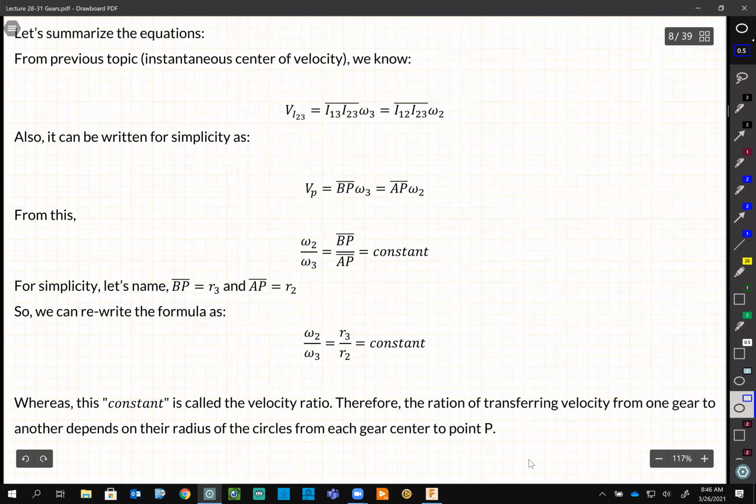Let's summarize this, the formula that we have. So based on what we learned before, this is a relation that we can write between the 2 velocities, right? And it gives us the velocity of point I23.